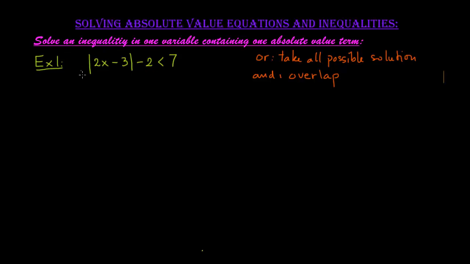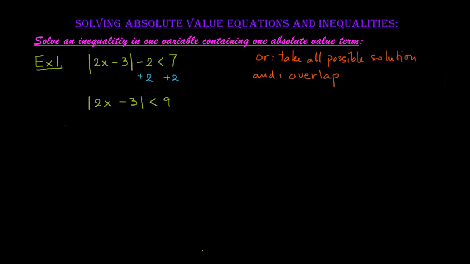To solve the absolute value, we need the absolute value to stay by itself, which means this negative 2 is not supposed to stay here. We move it over by adding 2 on both sides. That gives me absolute value of 2x minus 3 less than 9. Now I can break it down into two cases.